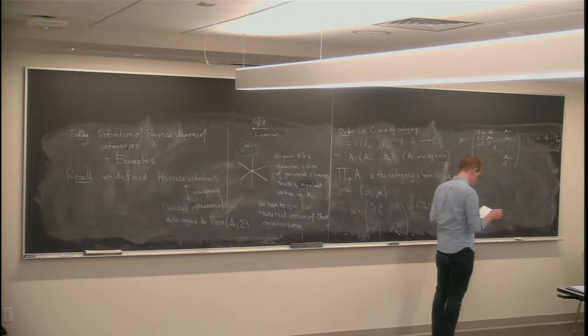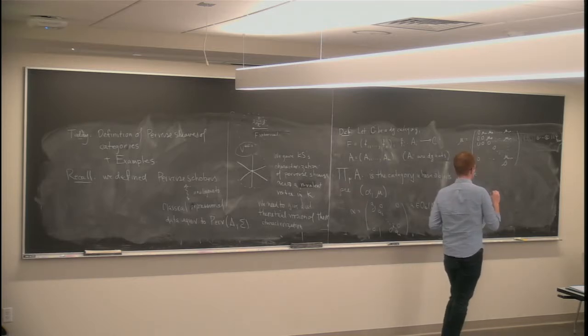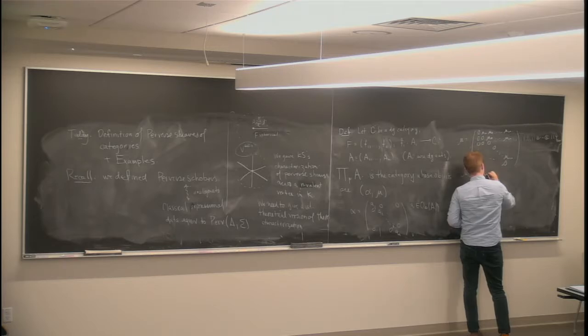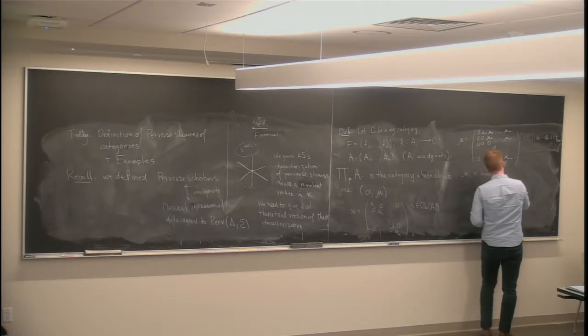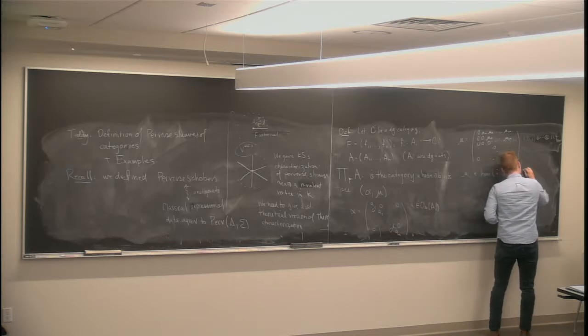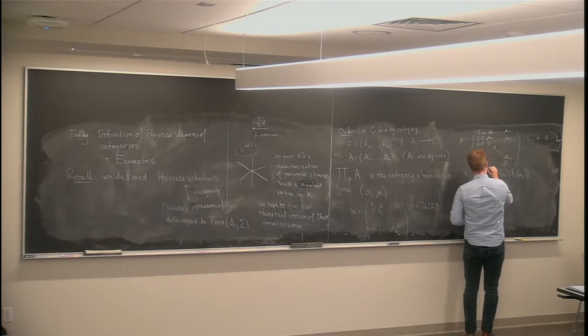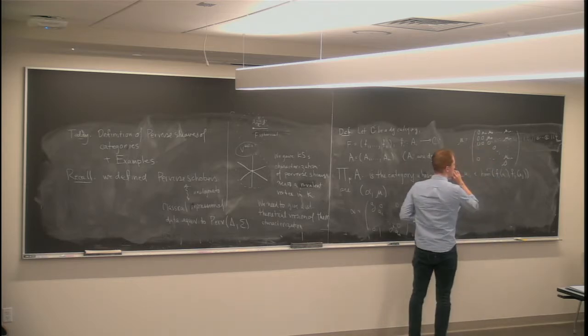So mu_ij is in F_ij, and I need the degree here, and so I think this is j minus i.